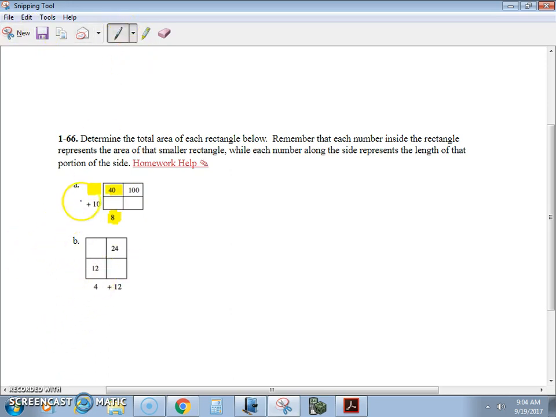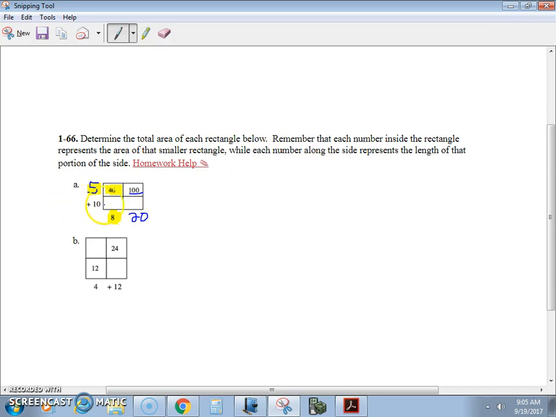And we know that that number is 5. Now we know that 5 times some number is going to give us 100. And we know that that number is 20.